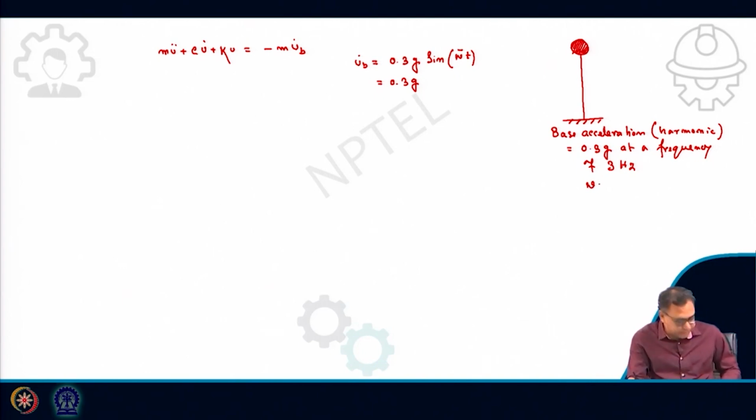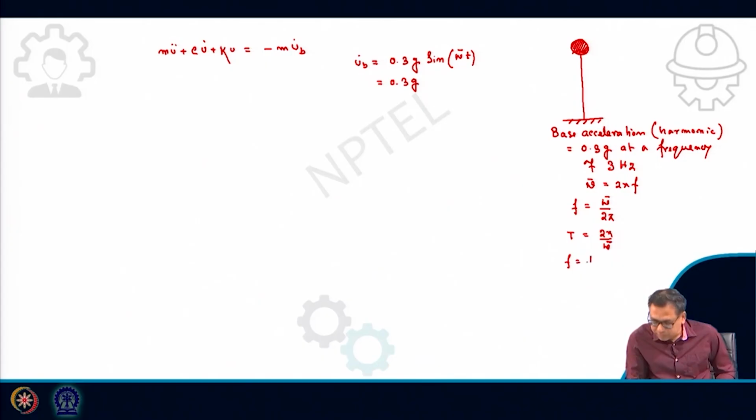You know that omega bar is equal to 2 pi f, because your frequency is equal to omega bar by 2 pi, or the time period is equal to 2 pi by omega bar, and frequency is equal to 1 by T. So omega bar will be 2 pi f, and this will be sine 2 pi f t.